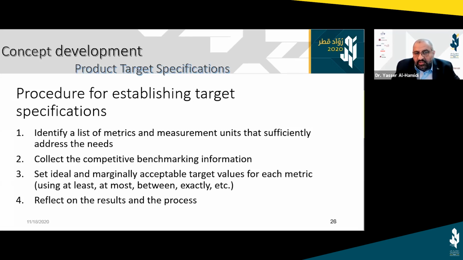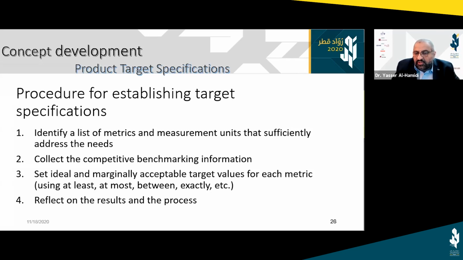Now, as a first step in this translation, you need to come up with useful metrics, and the most useful metrics are those which reflect as directly as possible the degree to which your product satisfies the customer needs.